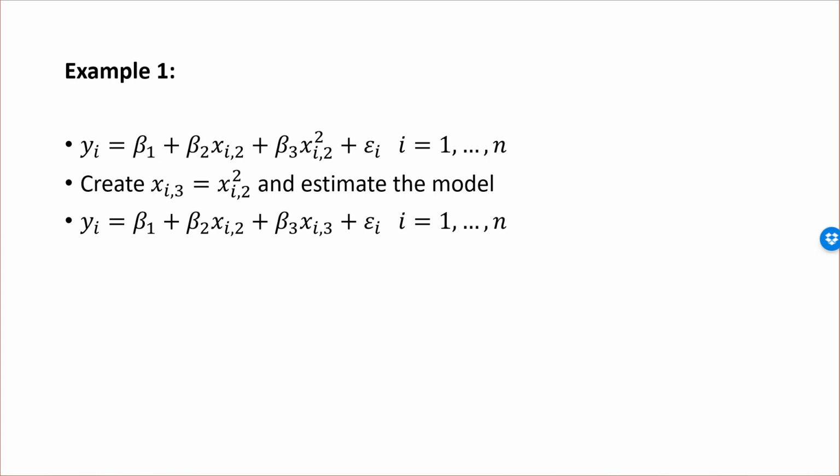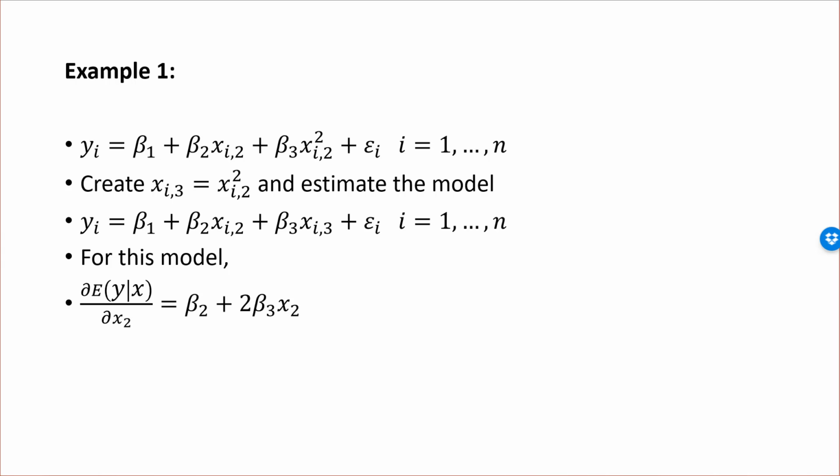For this particular simple model, we can find the marginal effect of x2, which is defined as the derivative of y given x with respect to x2, and it comes out to be this expression, beta 2 plus 2 beta 3 times x2.